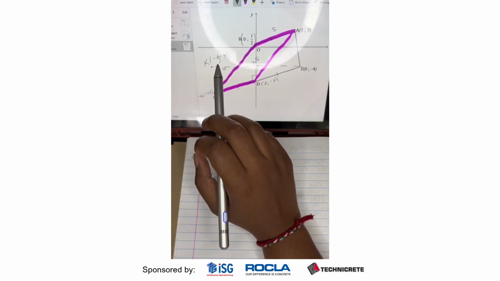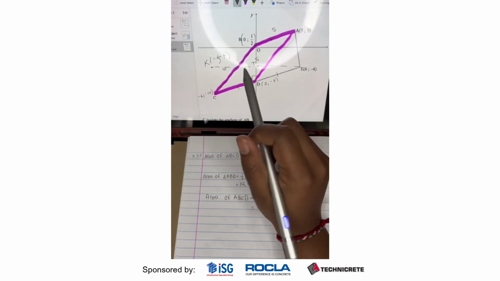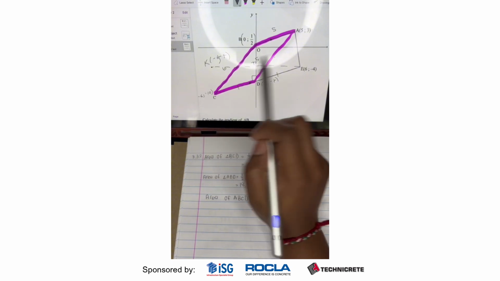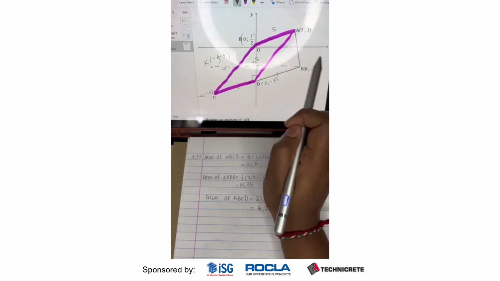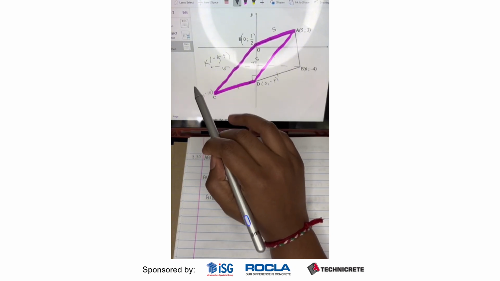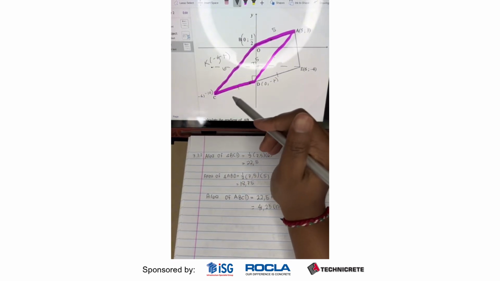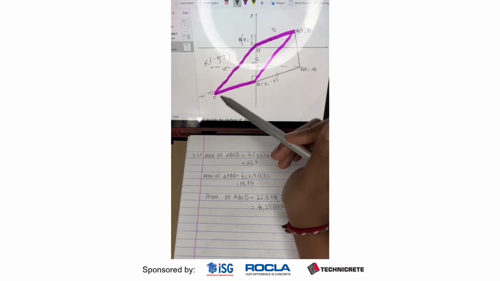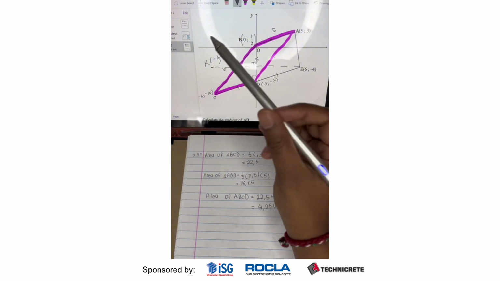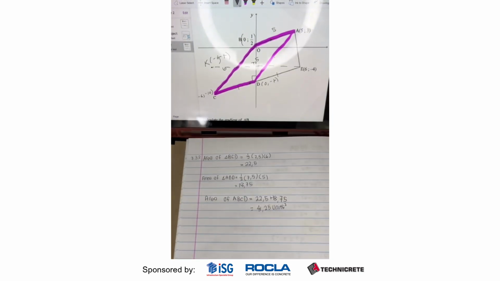Okay, sorry, that was what I meant initially. So when we're reflecting along the y-axis, my y value remains the same, but the sign of x changes. If I'm reflecting along the x-axis, I'm going above or below the x-axis, the y value sign will change. Okay, so now we know the coordinates of K.